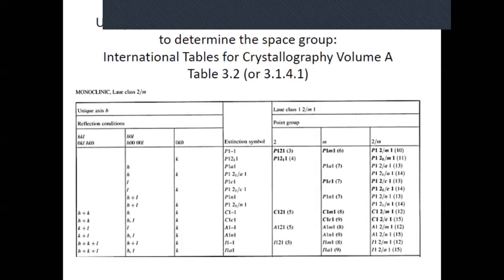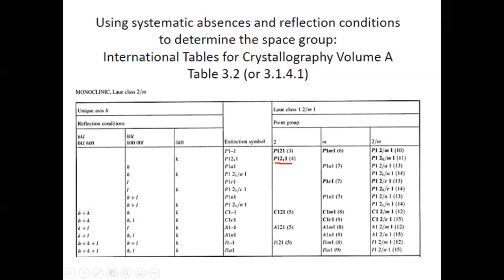We'll start with something simple, for example, space group P21. If the only thing you see in an extinction condition is the 0K0 reflections where K is odd are absent, this indicates that you only have a screw axis.